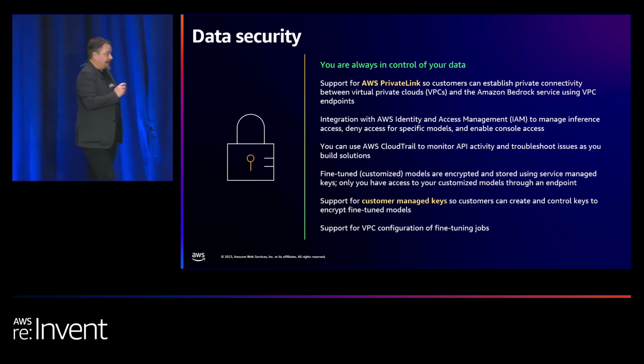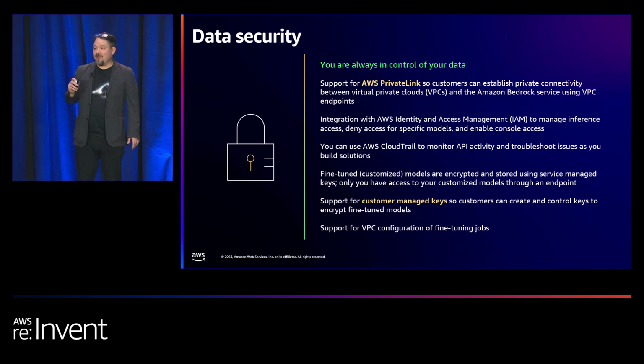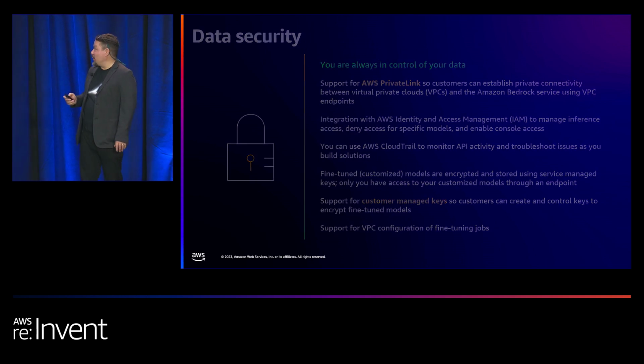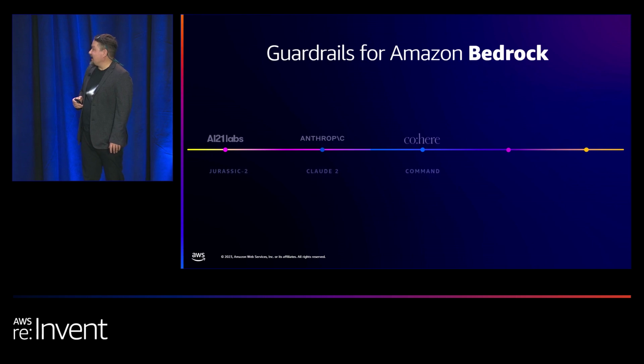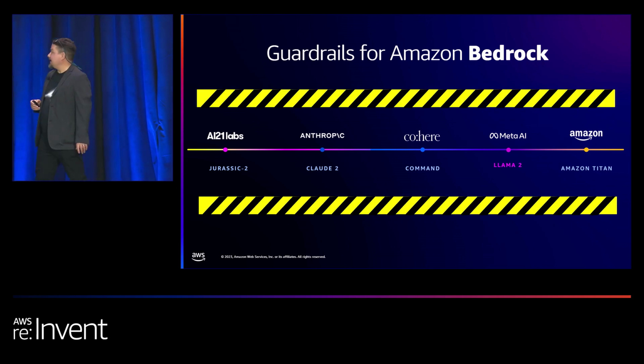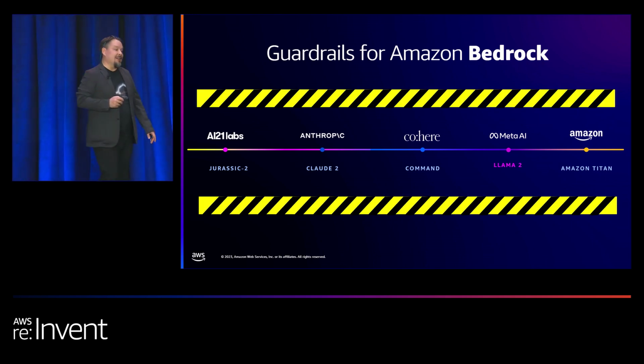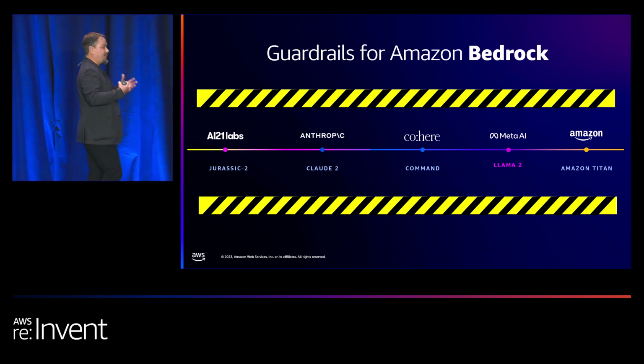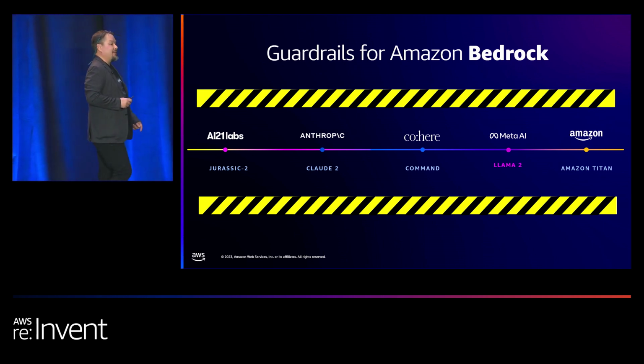All right. How many of you have listened in to the keynote or attended the keynote this morning? Yeah, so you must know that we have launched guardrails for Bedrock. And this is a very, very exciting and long-awaited set of functionality from customers.